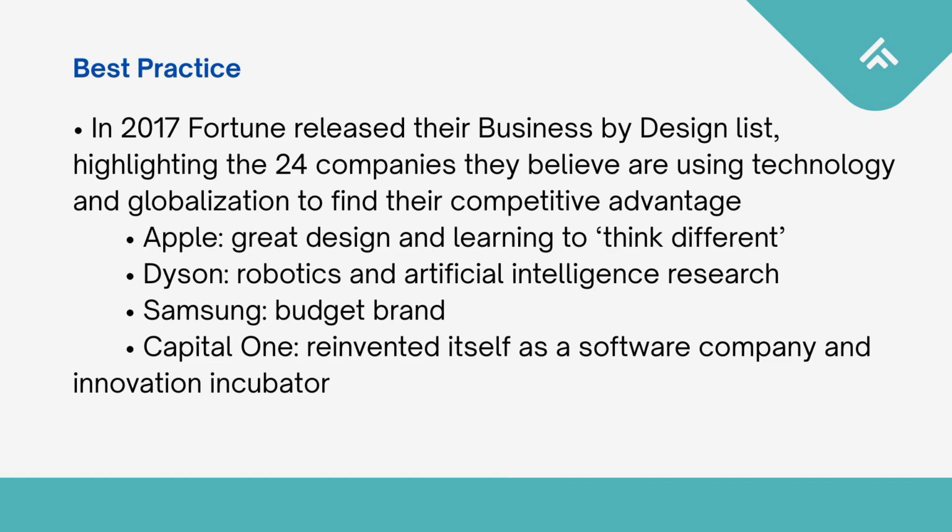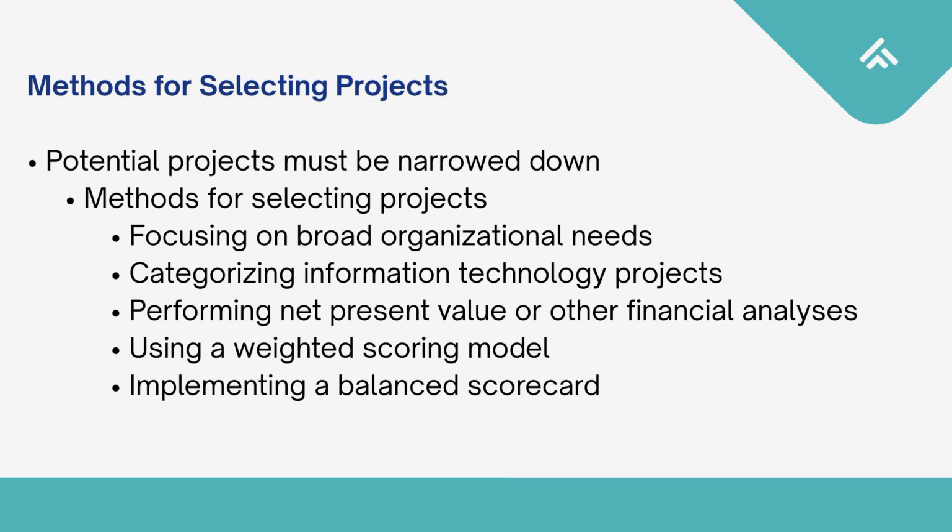Methods for selecting projects. So when a company has many possible projects, they can't do all of them at once. They have to choose the best ones. That's why they use methods for selecting projects.